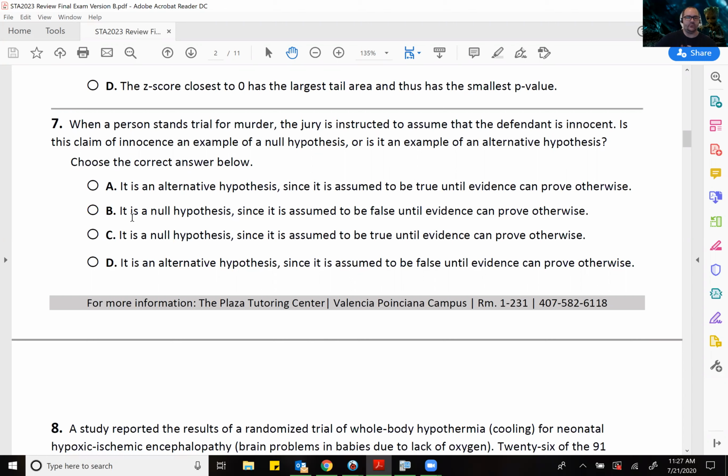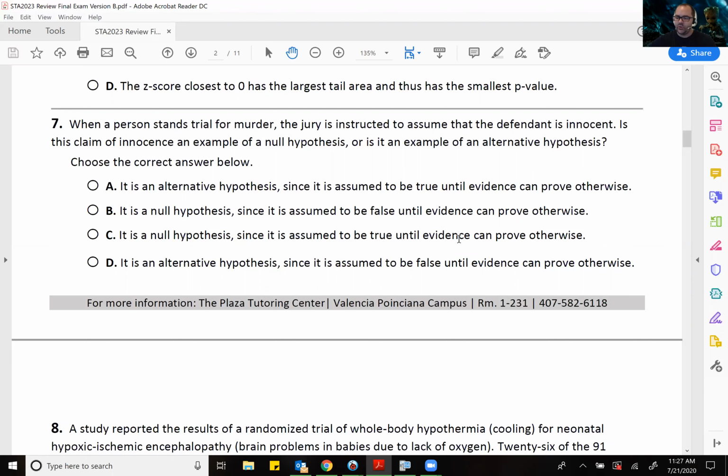And again, we accept it as truth. So B says then it is a null hypothesis since it is assumed to be false. Nope, we don't assume it is false. And so C has to be the correct answer, because it is the null hypothesis since we assume it to be true until evidence can prove otherwise.